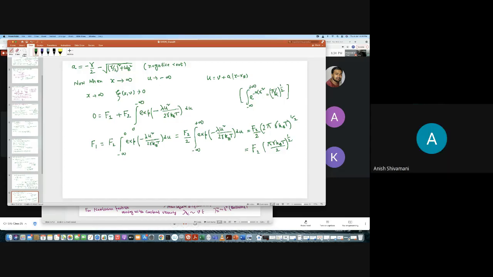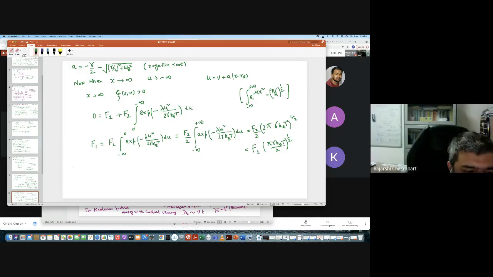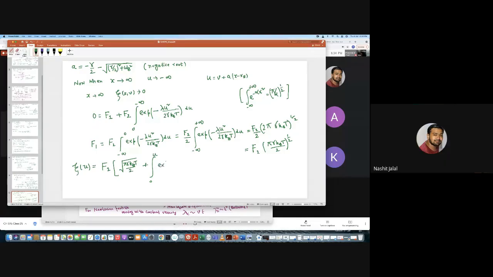Okay? Yes. So therefore I can write xi, function of u of course. It is now f2 times, plus, you had this, no? Sir, you missed a lambda, I guess, in the integration.